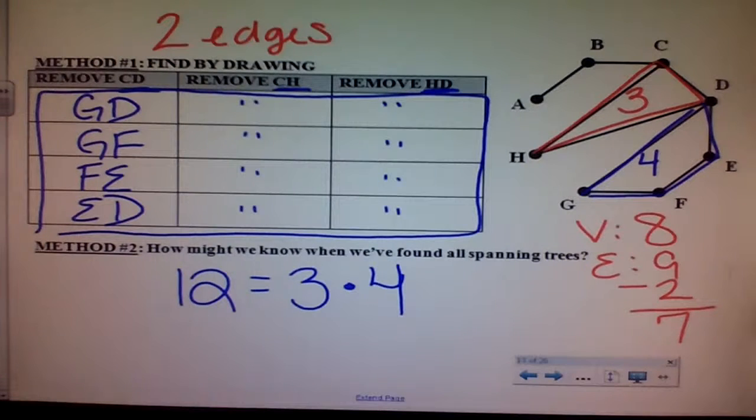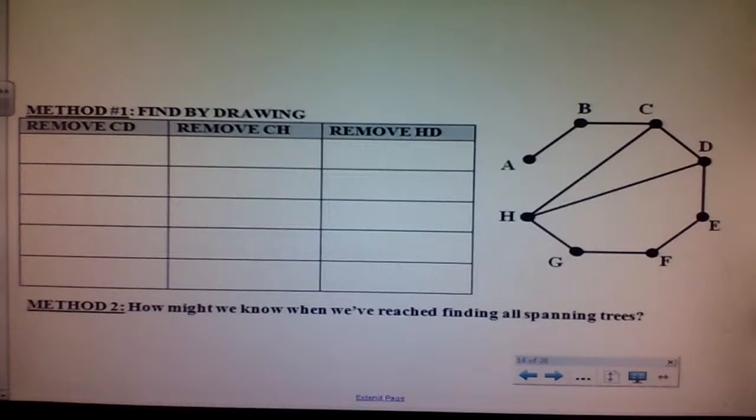My circuits are connected by a point. That's okay. They're 2 separate circuits because they're only connected by a point. But when I go to this one, they're connected by 2 points. They're connected by an edge.